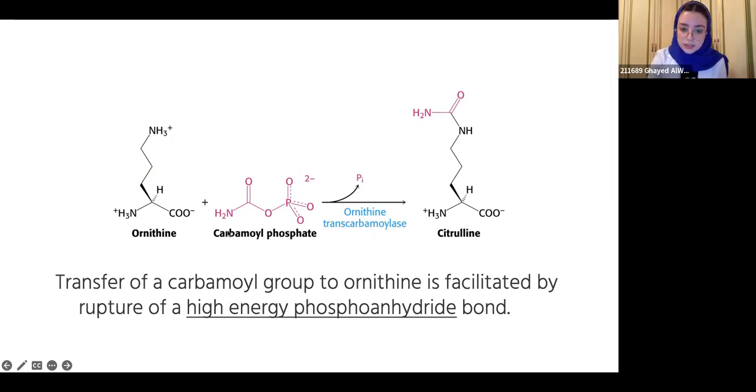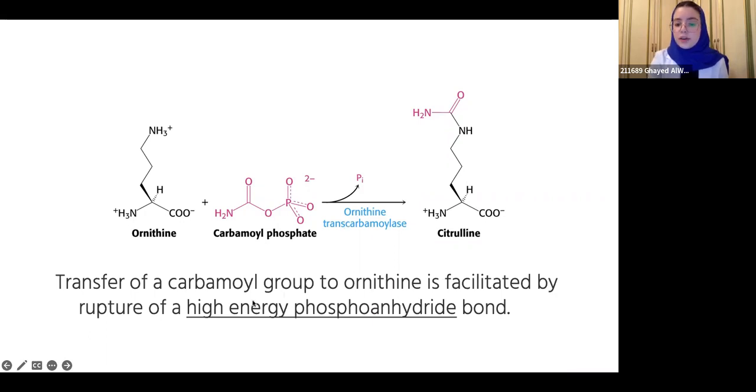So we're taking this part over here and adding it to ornithine, and this is what we get. This is the carbamoyl group, and this is ornithine. That makes citrulline, which is why the enzyme is called ornithine transcarbamylase, because we're taking the carbamoyl group and transferring it to ornithine.